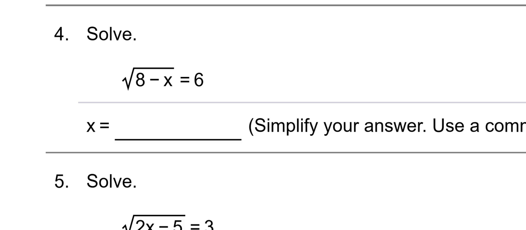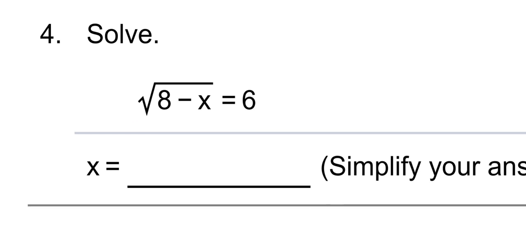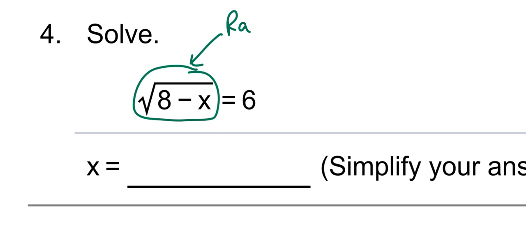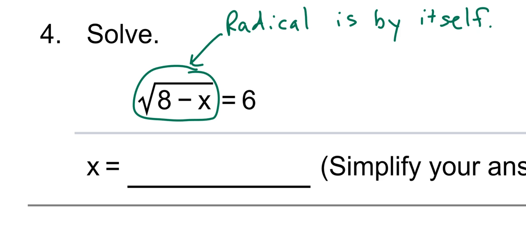Okay, 7-4, number 4 is where I want to start. Something important is happening right here. The radical is by itself. We use the word isolated.